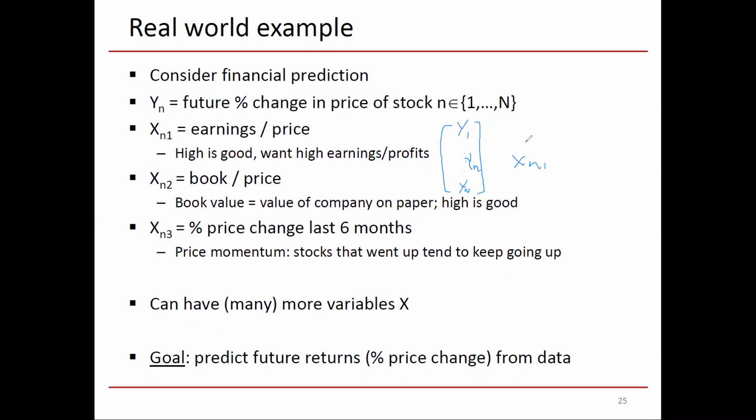So we have x11, xn1 up to xN1. This is the earnings to price column. And then we have xn2, the book to price.